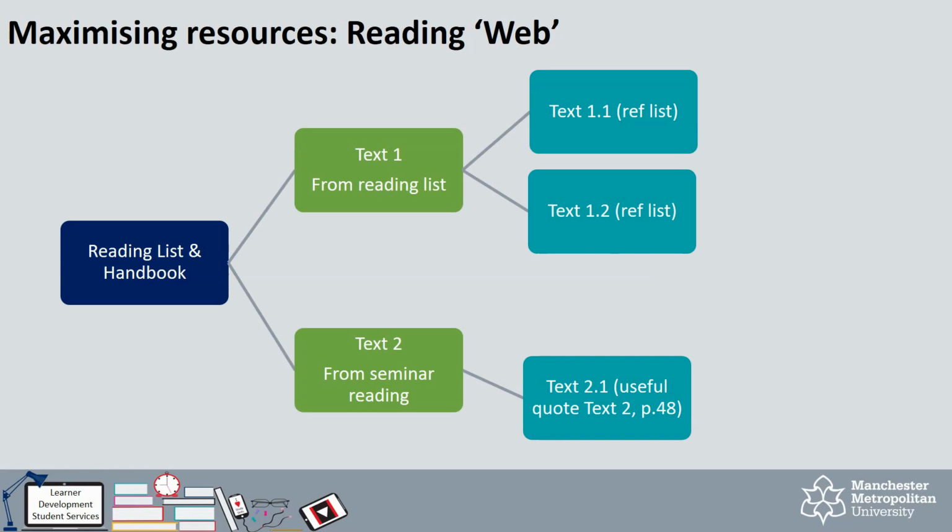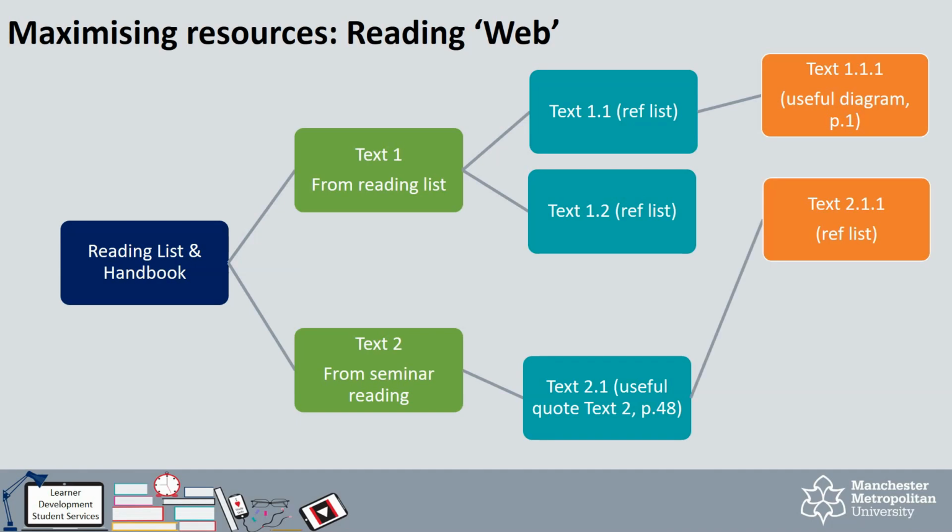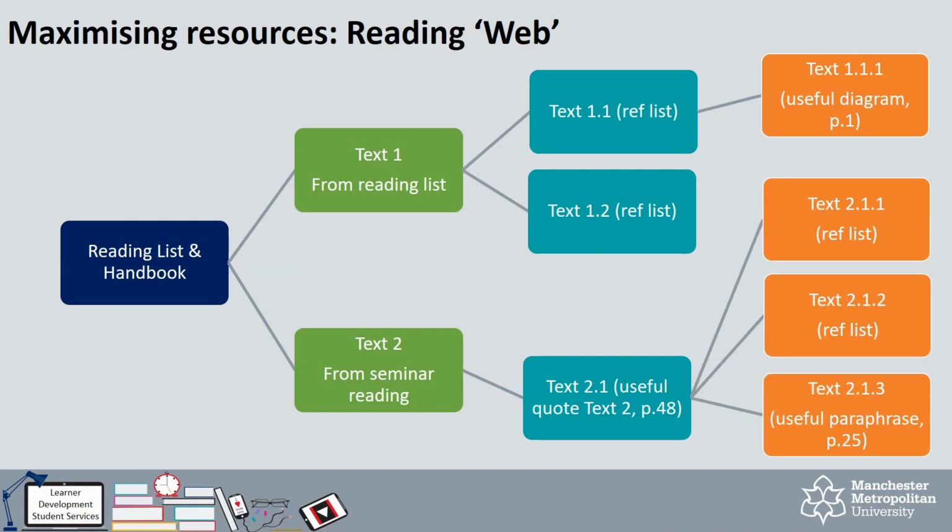From the second text, we find a useful text from a quote. Then we find another useful text from a diagram we saw, and three more texts from the reference list and an in-text paraphrase. As you can see, your reading list should just be the start. It's really important to take all these steps and diversify how you find your sources. And all of this can be done remotely.